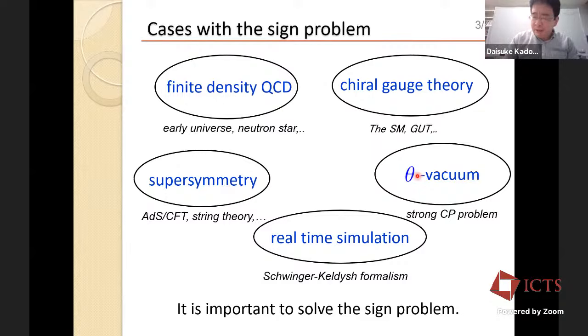The theta term is included in the action as i theta F F tilde, and in real-time simulation, an evolution operator is expressed as exponential of minus iHt. So these important models and cases suffer from the sign problem. In order to understand the evolution of the early universe and to study theories beyond the standard model, it is important to solve the sign problem.